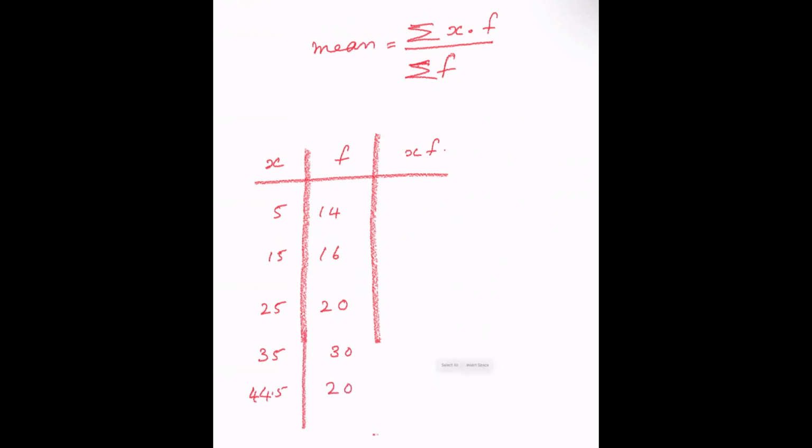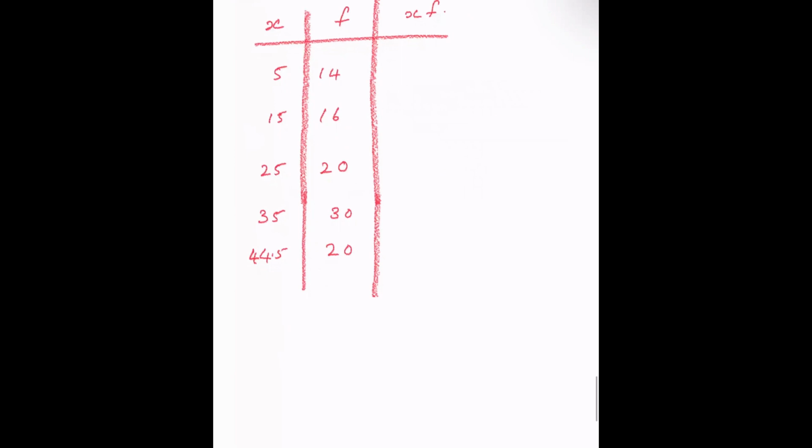Then this is your sigma F. Just the sum of all the frequencies will give you sigma F. Similarly, this side is going to be sigma XF. So first multiply each and every one and then find the sum.